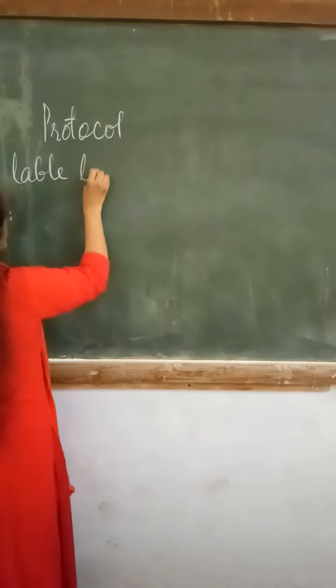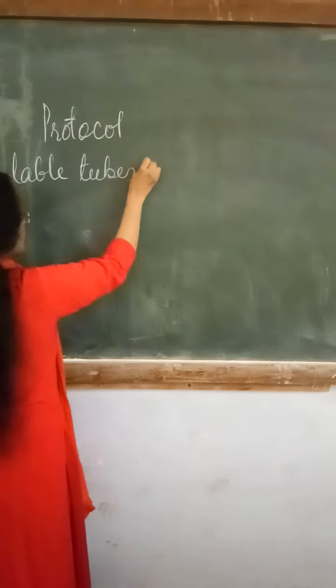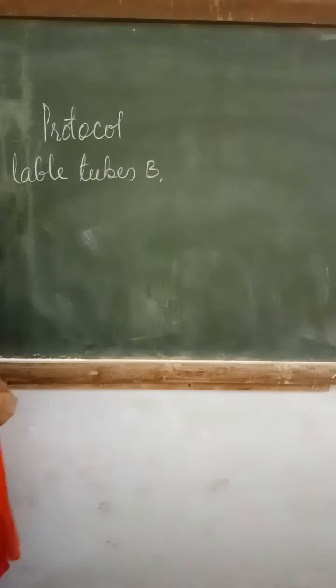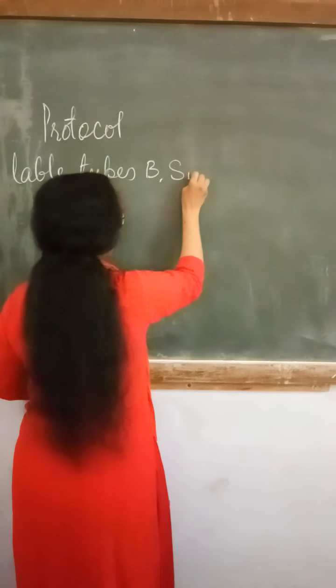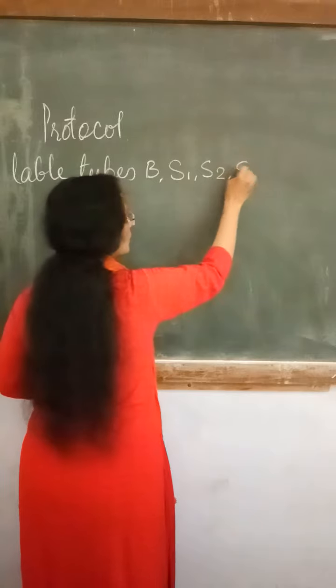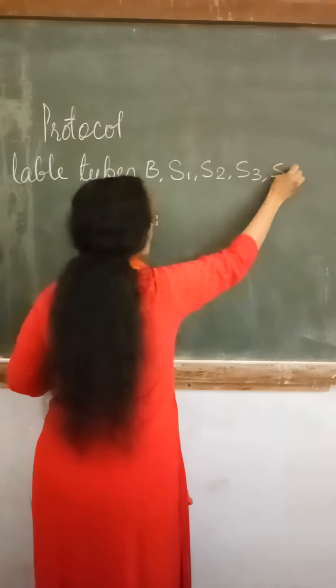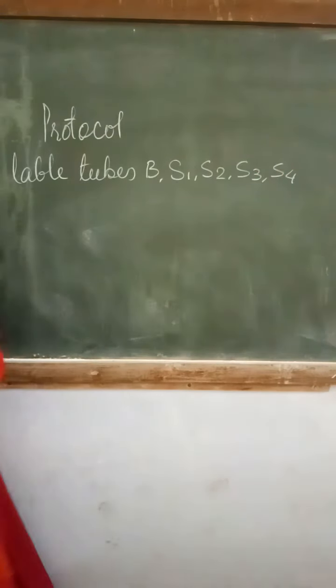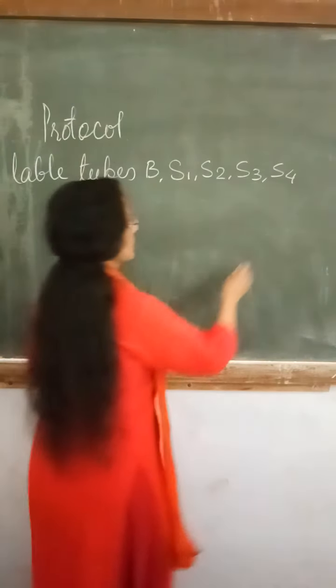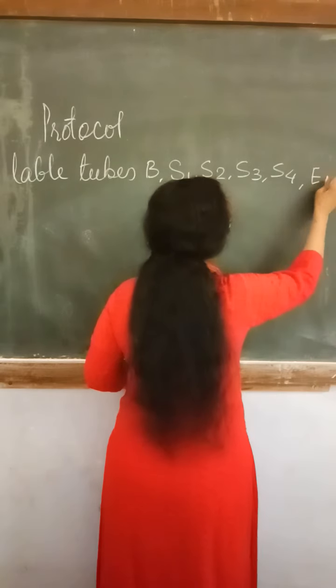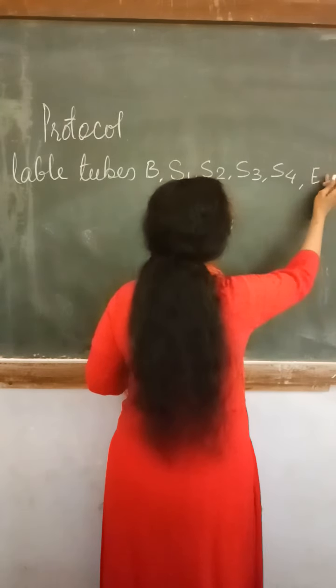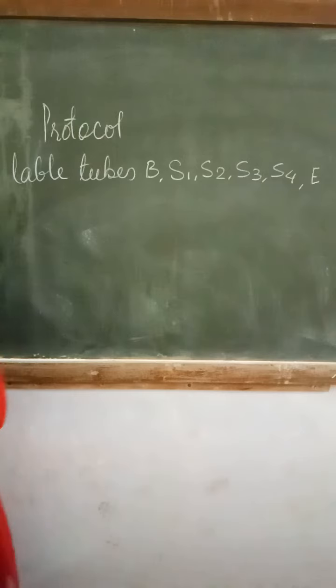Label the tubes as B, then the standards, that is S1, 2, 3 and 4. You can take more also, there is no problem. We will also take the experimental, that is E1 or E2, or only E will also be fine. You can take 2-3 dilutions, or 1 dilution also.